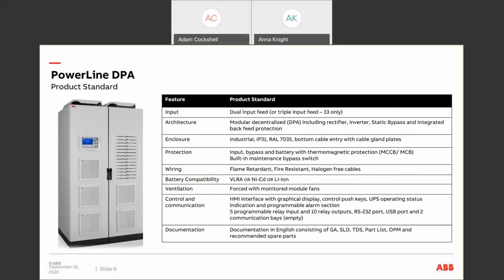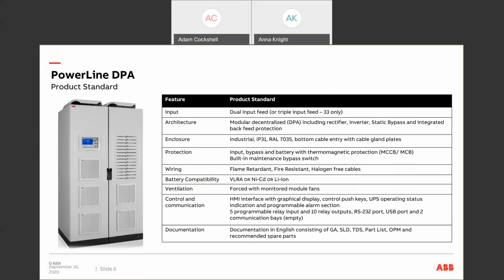So this unit comes as a 3-1 or a 3-3 system, so 3-phase in, single phase out, or 3-phase in, 3-phase out. Now, as I alluded to a little bit earlier, it's a modular decentralized DPA, decentralized parallel architecture.